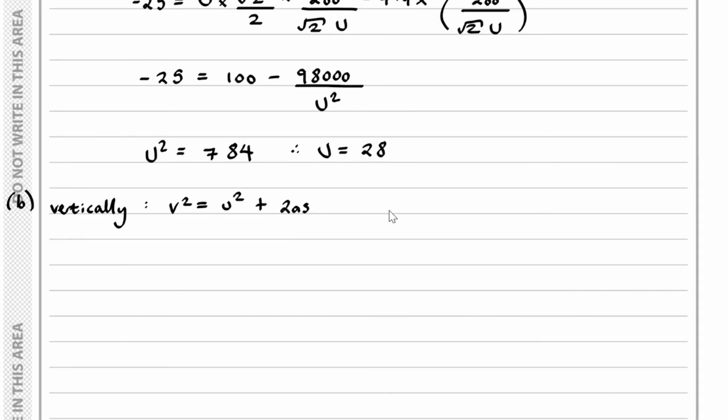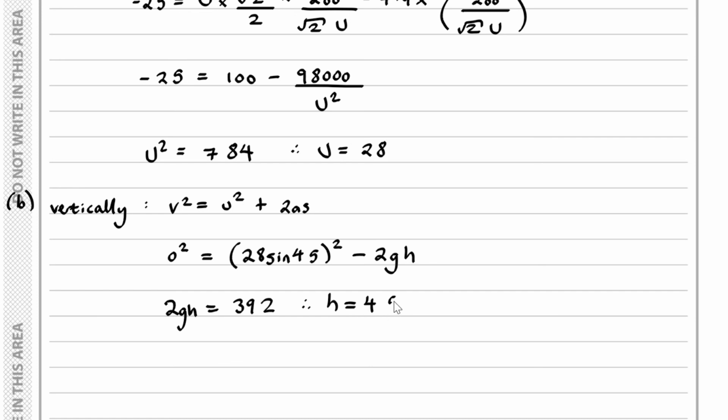So using everything we know so far, we have 0 squared equal to, now we are resolving vertically here, so here we have 28, that's u, times sine 45 squared minus 2gh. So 2gh is equal to 392. Therefore, dividing by 2g, you can see here h is equal to 20.